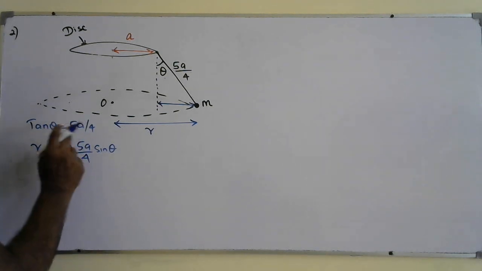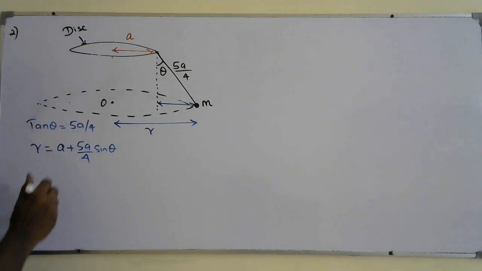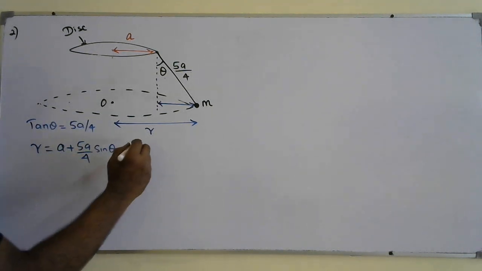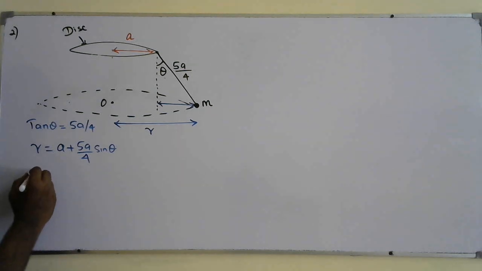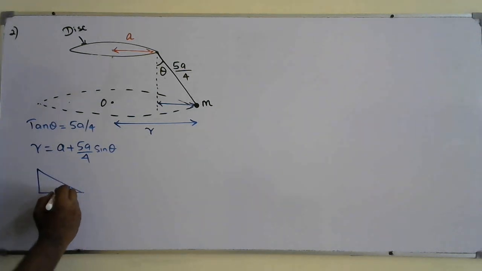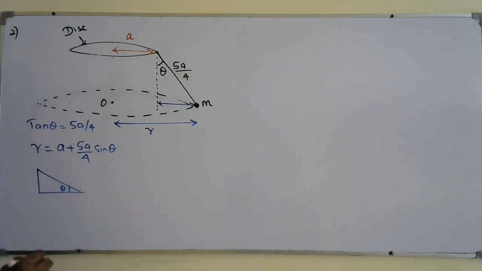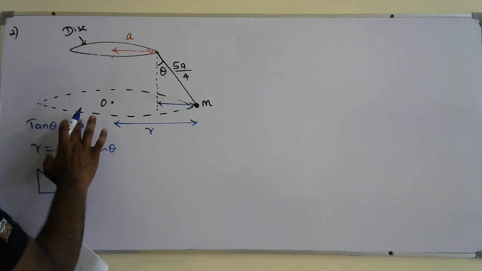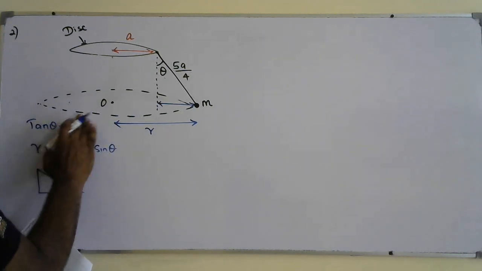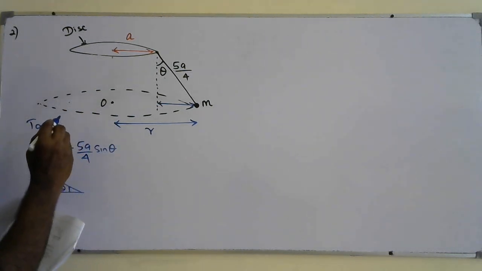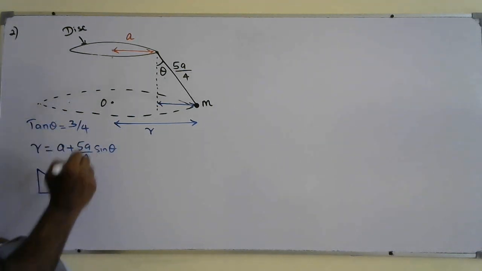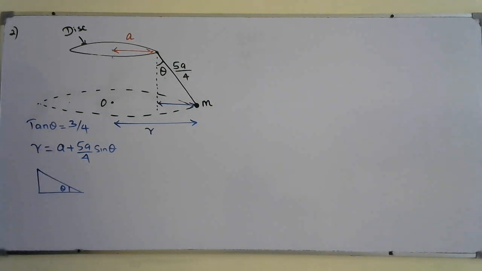So we can find that, tan theta given means you can imagine a right angle triangle to find the other quantities, this is theta. Tan theta 3 by 4.